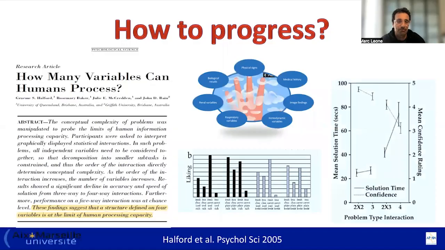I'm not alone, and you're probably not better than me. That has been shown by a very nice study published in Psychological Science: a normal human cannot process more than 4 variables. That's very important. That's the limit of human processing capacity.